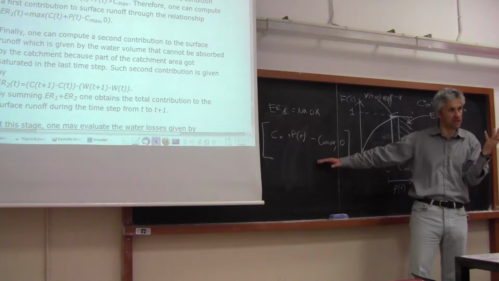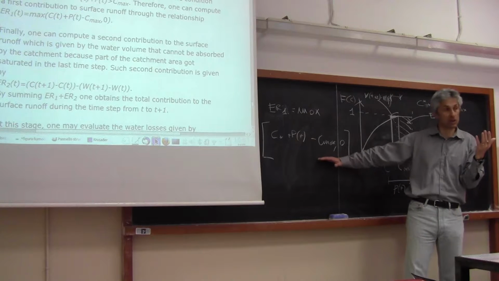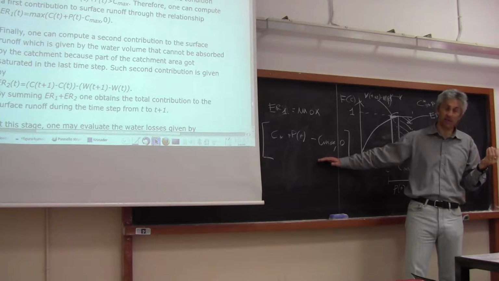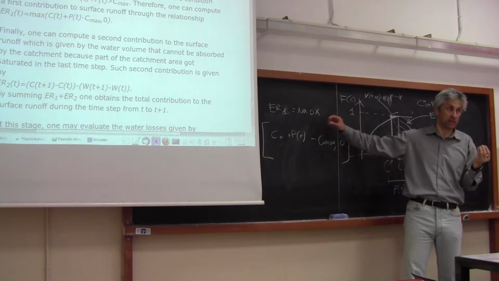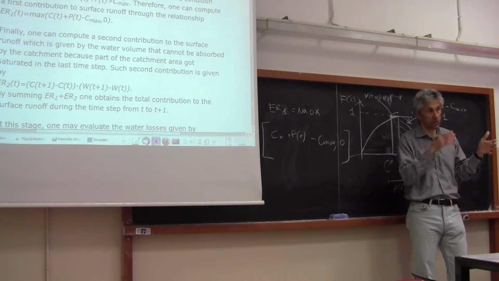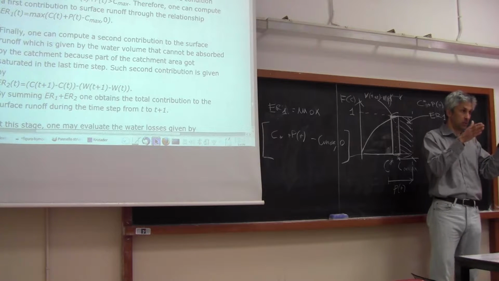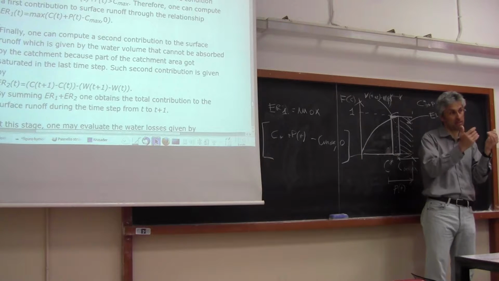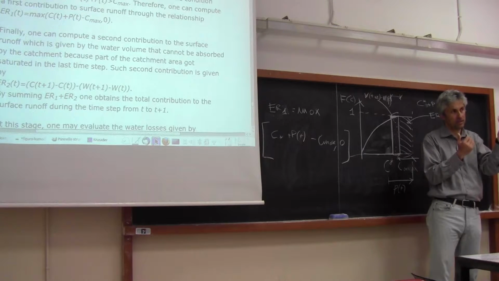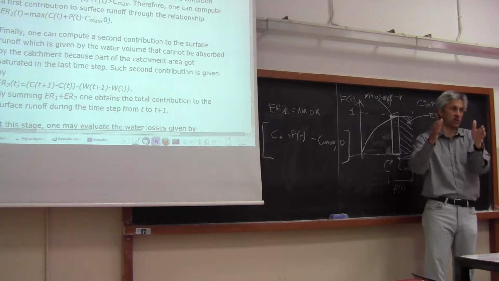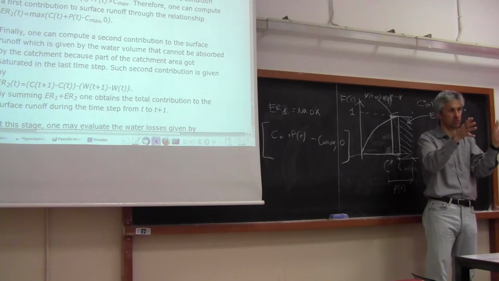One question could be, why do you mention this max? You could simply say that this applies only from saturation on. The reason why it is presented in this way is that you need to write an algorithm in R which computes for every situation the contribution to the surface runoff. Therefore you have to set up an automatic discrimination between saturation, unsaturation, and mixed situation.